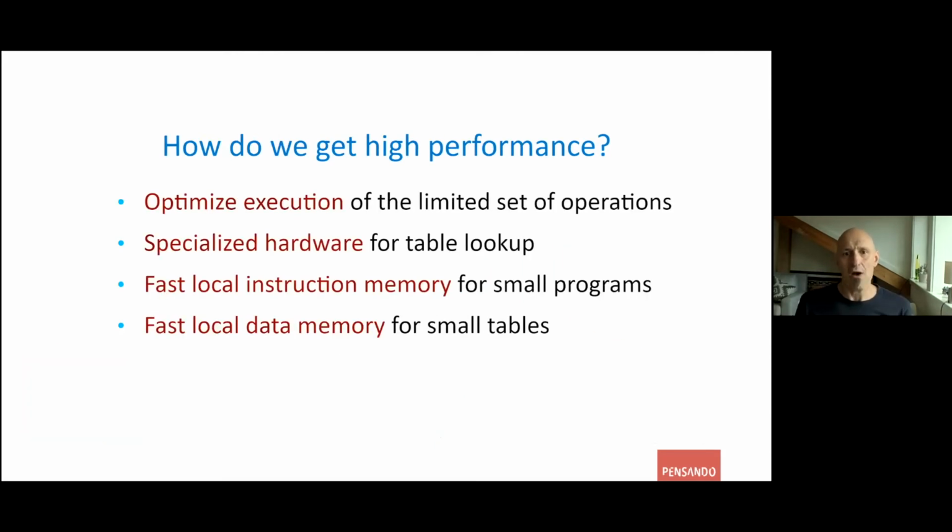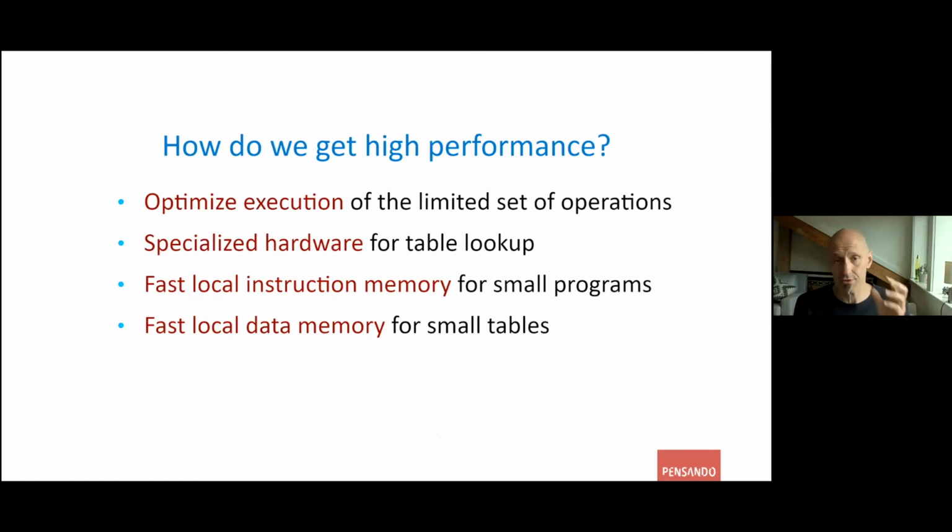So how can we get high performance out of a pipeline? First of all, since we are dealing with a limited set of operations that every processor in the pipeline has to execute, we can optimize those processors for those specific operations. Since we need to perform table lookups, we can have specialized hardware modules to perform lookups.